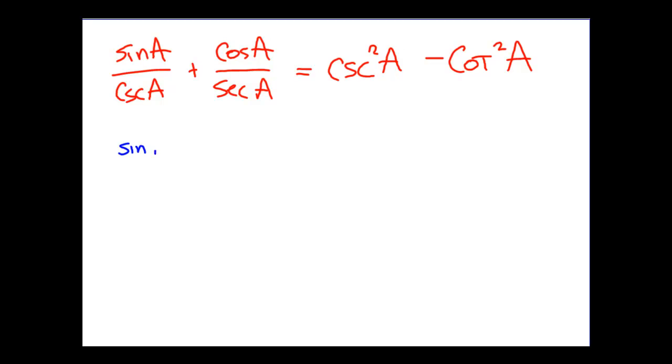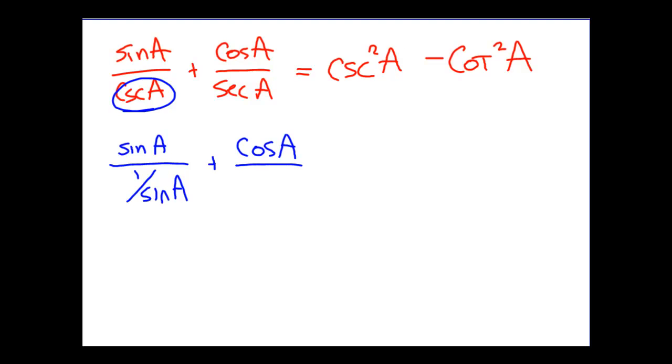So I'm going to start by using my reciprocal identities to rewrite the cosecant down here as 1 over the sine. And I'm going to use my reciprocal identity here to rewrite secant of A as 1 over the cosine of A. If we get this far, now we can see a step we can take.